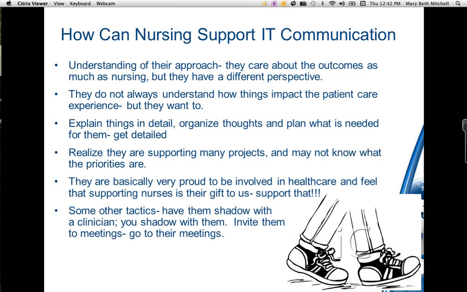So some of the things that we've done, in addition to really just working on the communication and understanding them and striving to get enough detail to them to adequately plan their projects, is shadowing, having them shadow with us.